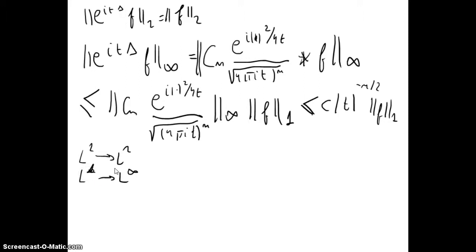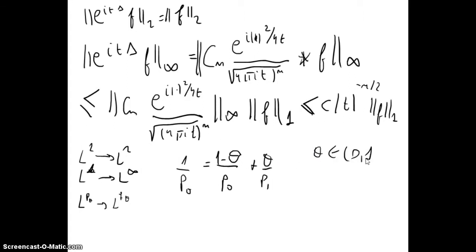So we know that it's going to be bounded from L^p_theta to L^q_theta. And we had that 1 over p theta was equal to (1 minus theta) over p0 plus theta over p1, and we will have the same for the q's, and the thetas were between 0 and 1.